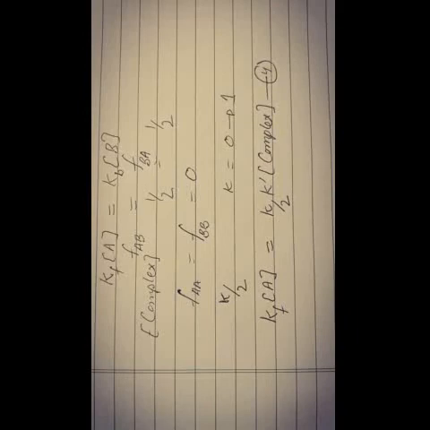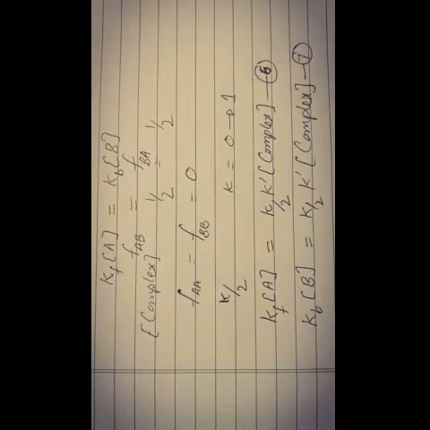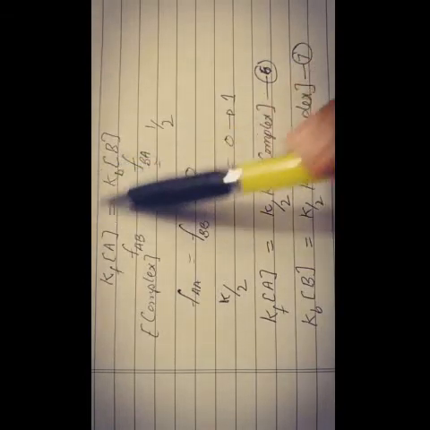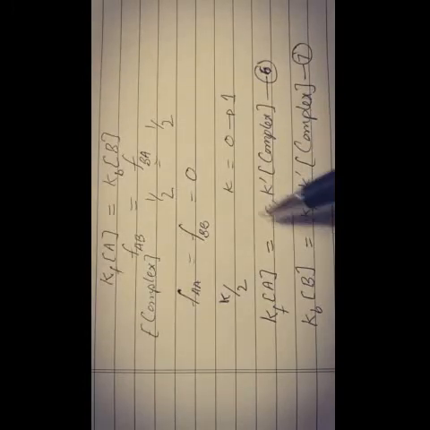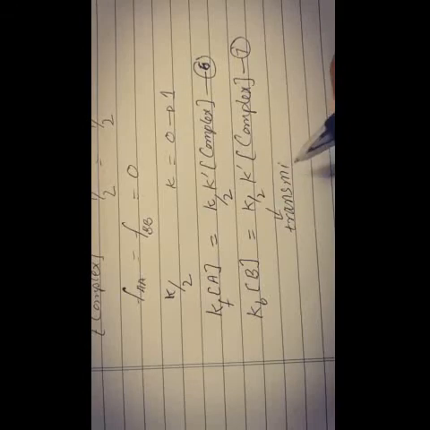So according to this consideration, equations number 4 and 5 are modified as rates, in which the fractions of the species are replaced by a constant known as the transmission coefficient.